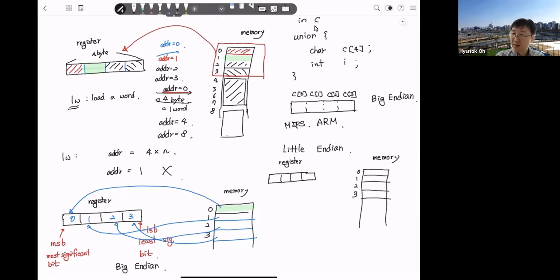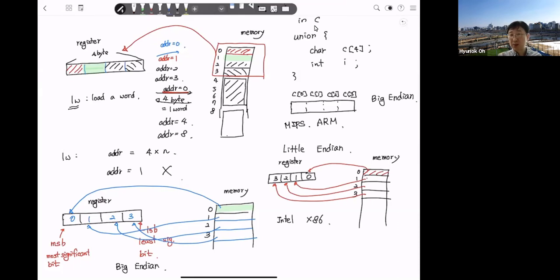Then the location of 0 is placed in the last one, and 1 is here, 2 is there, and 3 is here. So this is 3, 2, 1, 0. So the location is opposite. That is called little endian. So the Intel processor, Intel x86, is using this little endian approach.